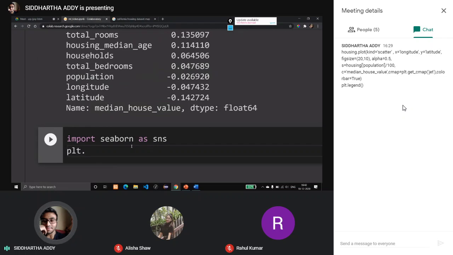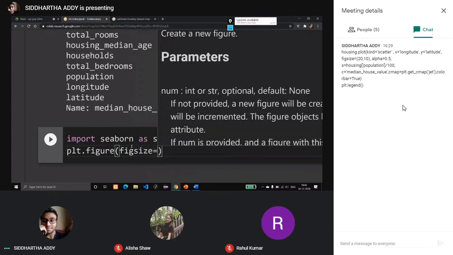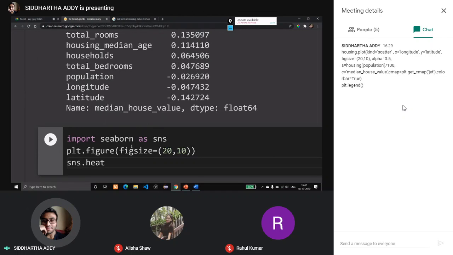So first I am going to use a figure size of 20 comma 10. So we have it, and I am going to generate what is known as a heat map.